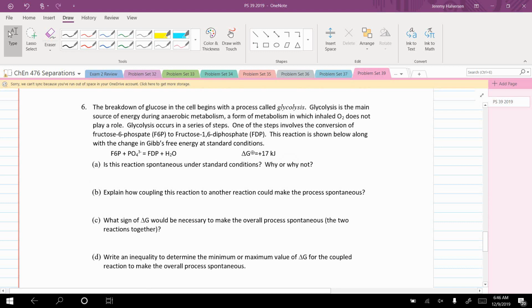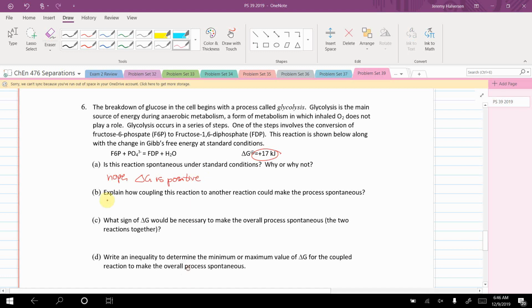So what should you notice right away? This is non-spontaneous. Okay, and yet the breakdown of glucose begins with this. Is the reaction spontaneous under standard conditions? Nope. Delta G is positive. Explain how coupling this reaction to another reaction could make the process spontaneous.